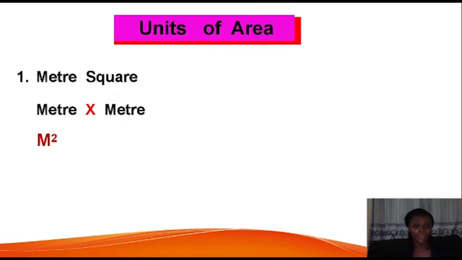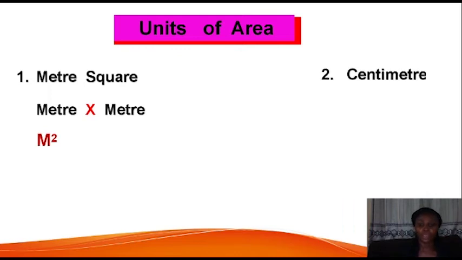The letter m stands for meter, and the small 2 that you see jumping up there stands for square. So m square is the symbol of meter square.